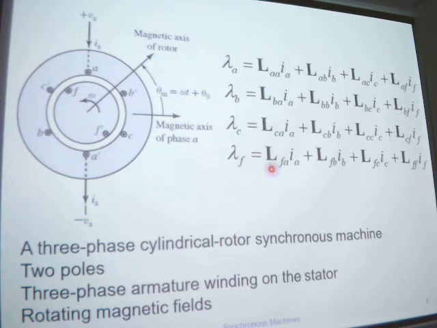In some textbooks, mutual inductance is written as M, as we learned, but many textbooks also use L_AB. So L_AB and L_AC are mutual inductances, but L_AA, L_FF, L_BB, and L_CC are self-inductances.